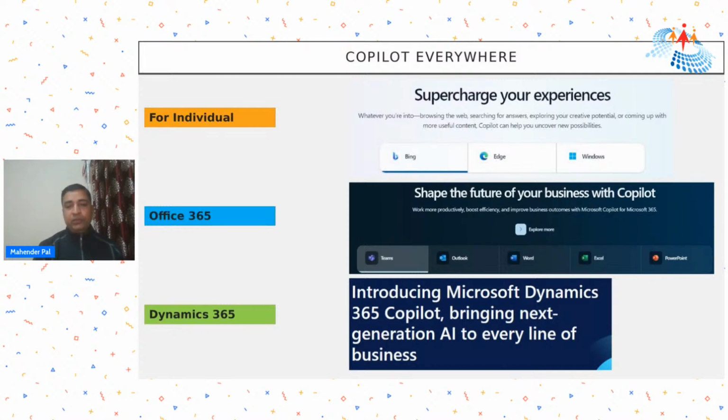So everywhere we can utilize this Copilot feature. So you can see now, we have three variations for individual, Office 365 and Dynamics 365. Okay, so now we know that these are the three variations of the Copilots that are mostly available.